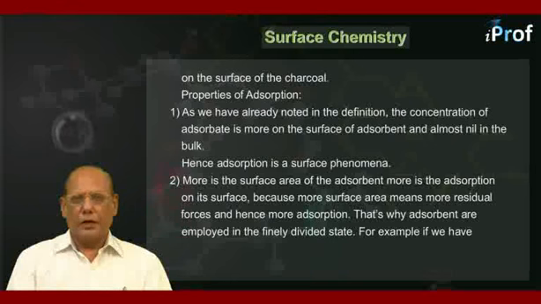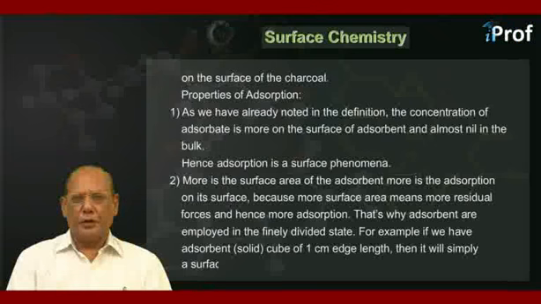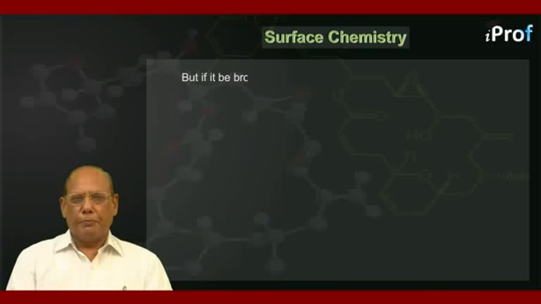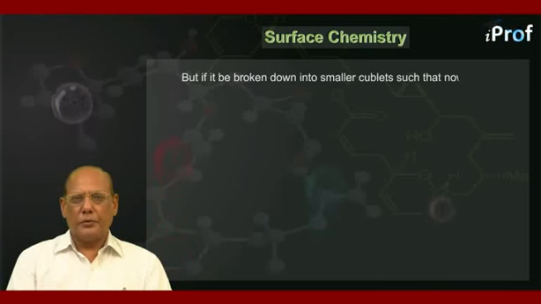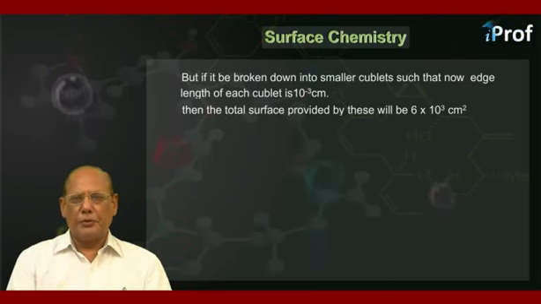For example, if we have an adsorbent solid cube of 1 centimeter edge length, then it will simply provide a surface area of 6 centimeter square. But if it is broken down into smaller cubelets such that now the edge length of each cubelet is 10 to the power minus 3 centimeter, then the total surface area provided by these will be 6 into 10 to the power 3 centimeter square.